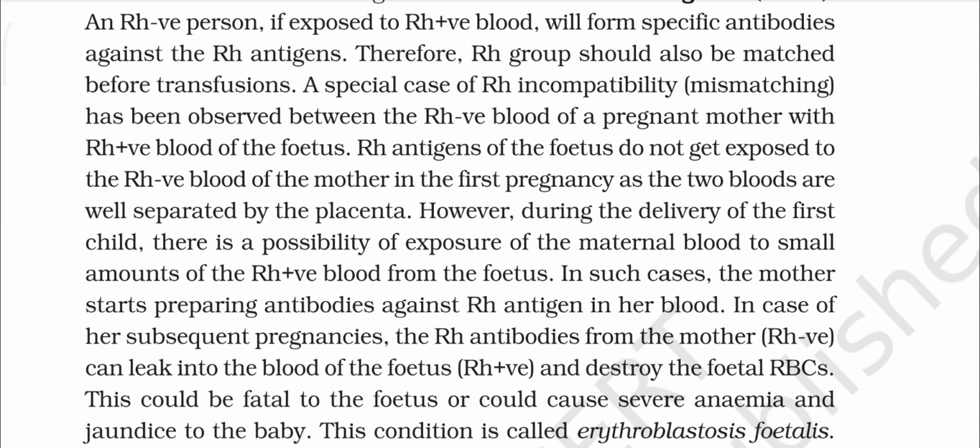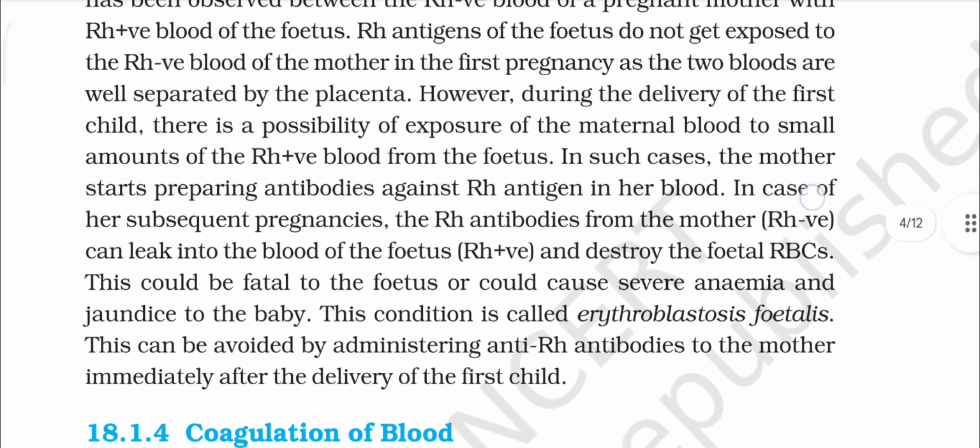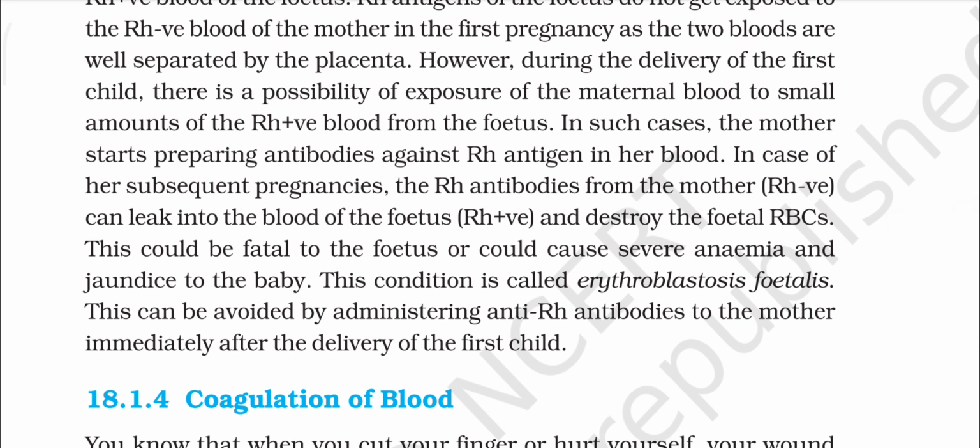However, during the delivery of the first child, there is possible exposure of the maternal blood to a small amount of RH positive blood from the fetus. In such a case, the mother starts preparing antibodies against RH antigens in her blood.